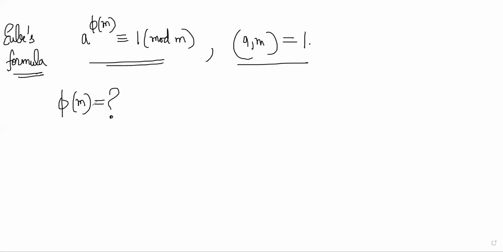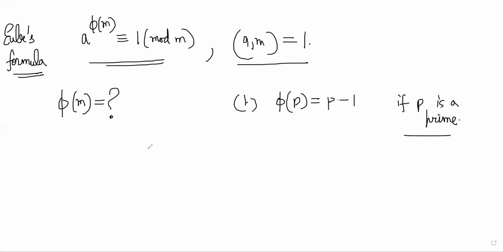So far what we know is phi of p is equal to p minus 1 if p is a prime. Can you find out what is phi of p power k? Think about it.